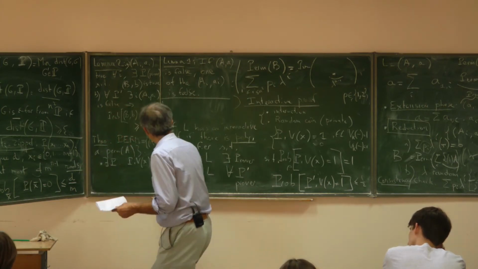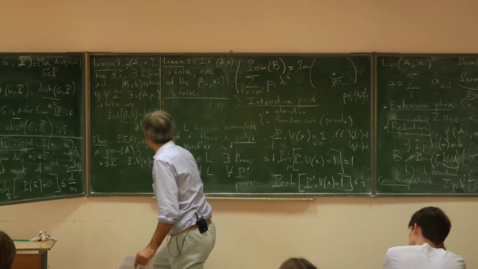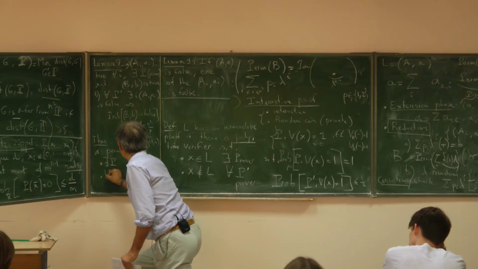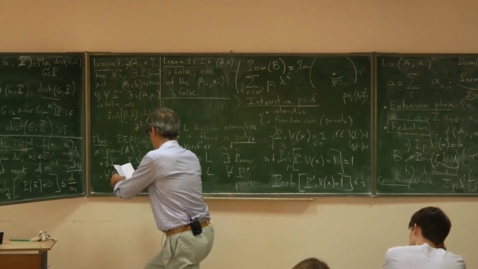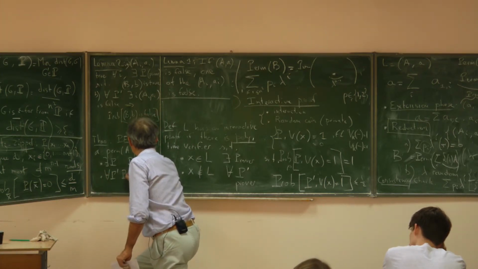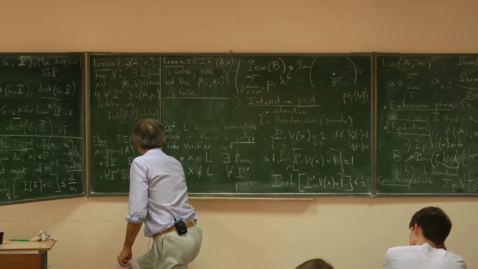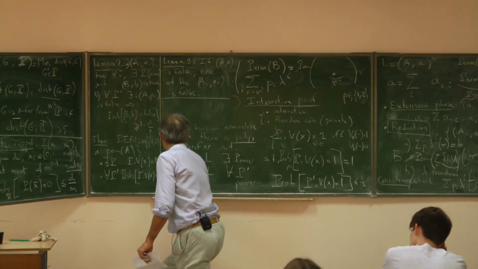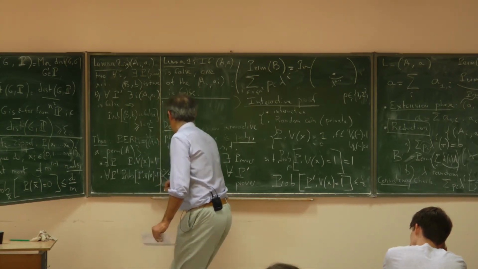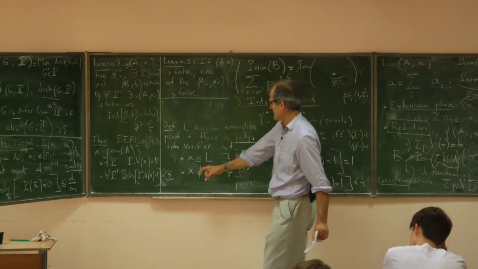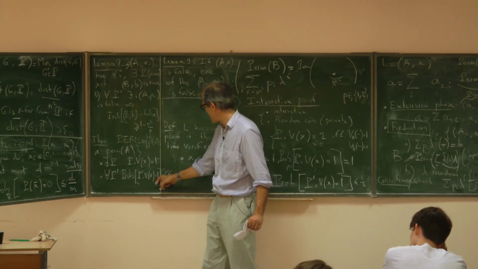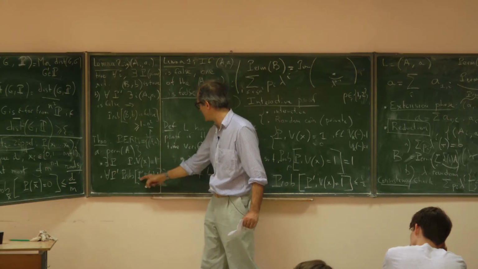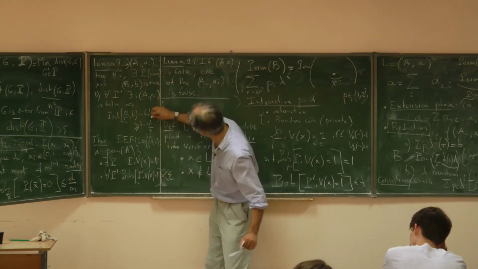Because it's true with probability 1, I write it like this. And second, for all P prime, the probability that V accepts is smaller than epsilon. Here the probability that I reject is bigger than this, so the probability that I accept is smaller than epsilon. Epsilon is this quantity.